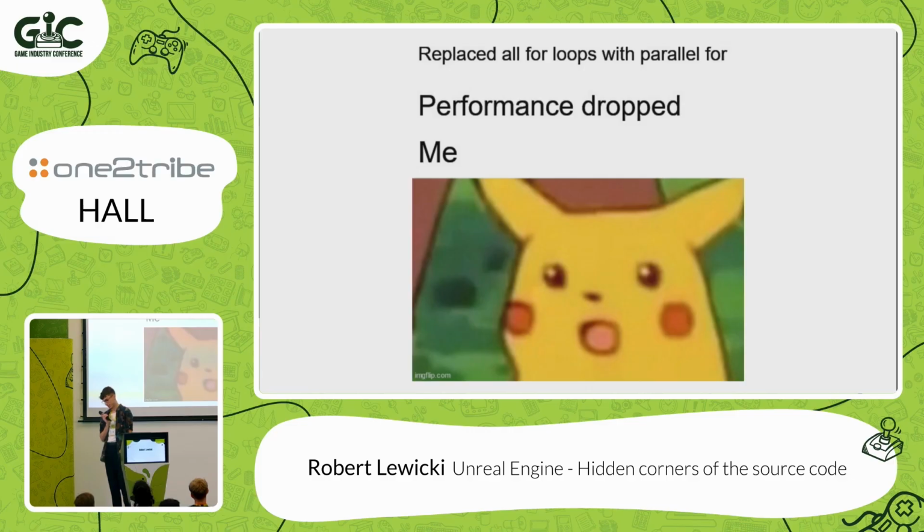Now, there is one very important note here, because I know some people, when they see things like this, are like, go back home and replace all the for loops with parallel for, because why not? Multi-threading is cool and we can get a lot of performance out of it. But the problem with this is that you need to keep in mind that scheduling a job, like work for a different thread, and then synchronizing it takes quite some time as well.